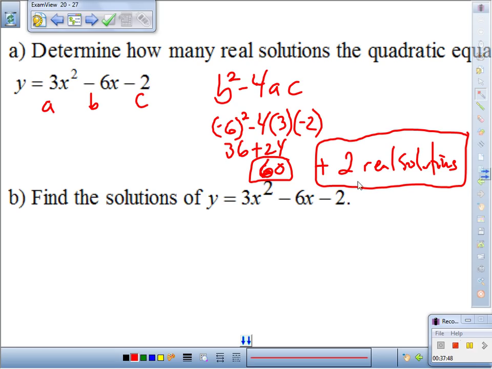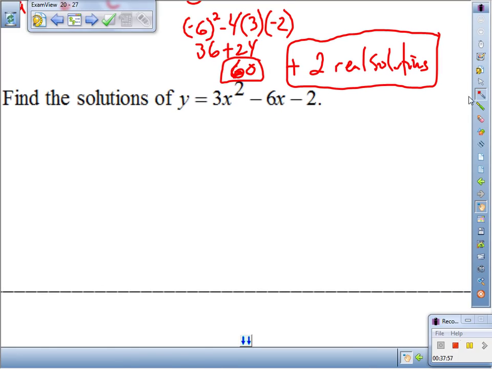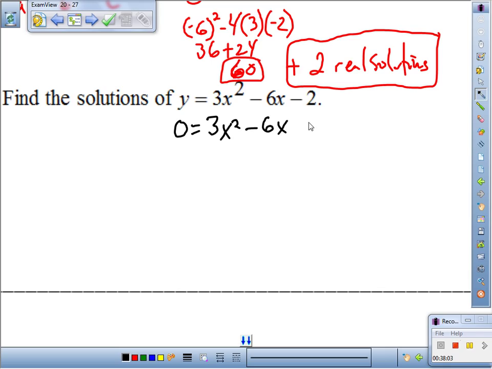All right. Now that we have that, do we know how to solve these kind of equations? Yes. So therefore, how do we solve that? Set it equal to 0. 0 equals 3x squared minus 6x minus 2. So let's see. What method do you want to start with?